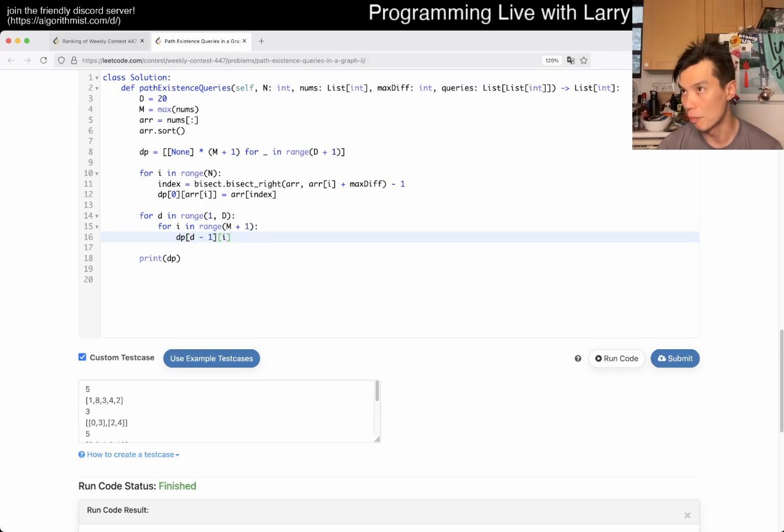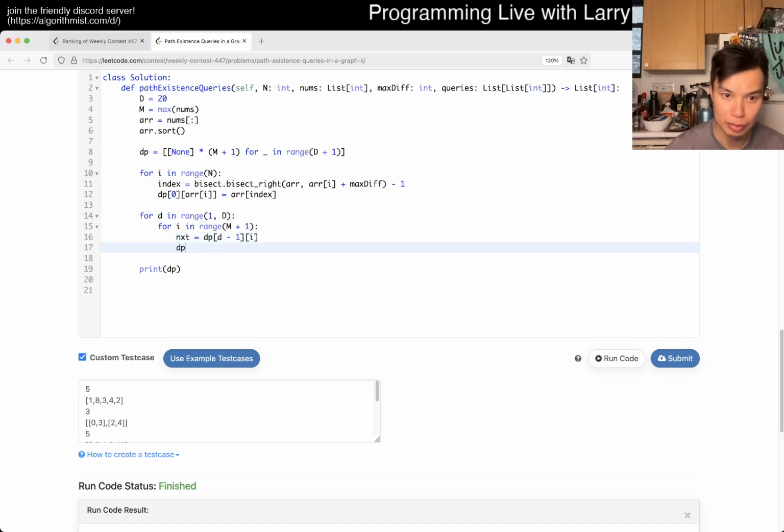So this gives us the max, the previous max. So now you want to do it that way, right? So let's just say next is equal to this, and then dp of d sub i is equal to dp of d minus 1 next, something like that.